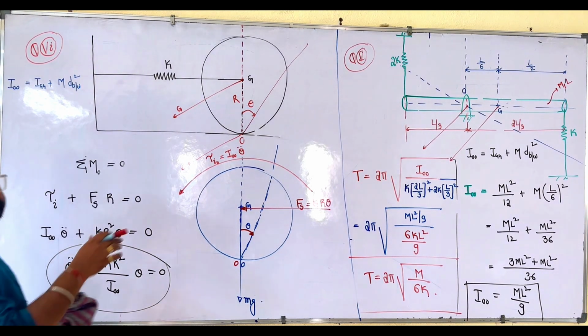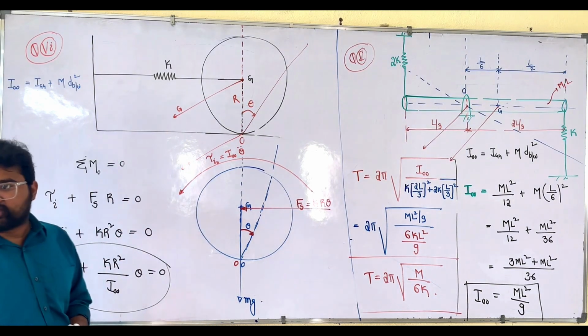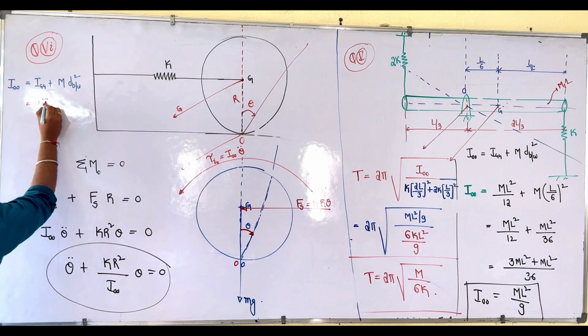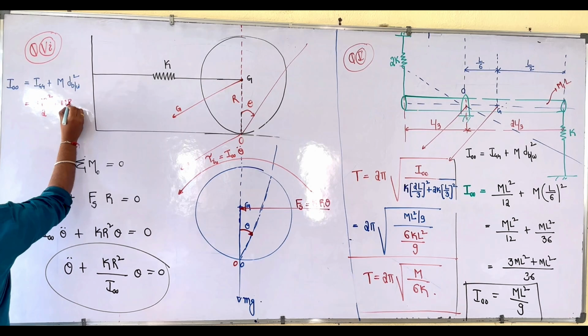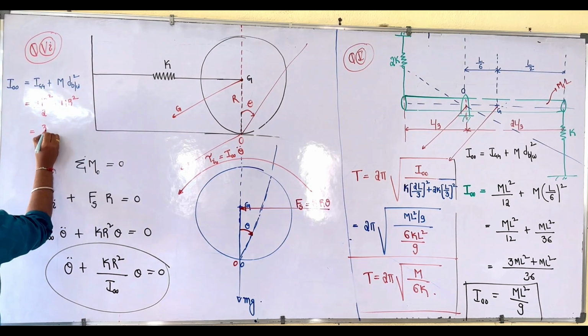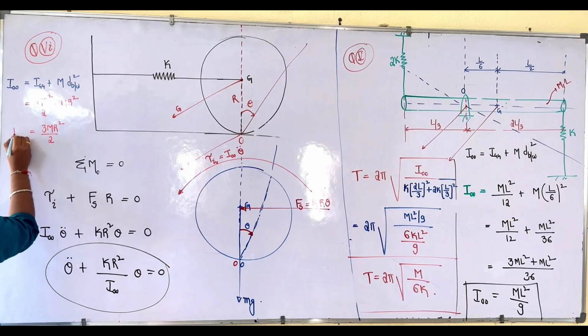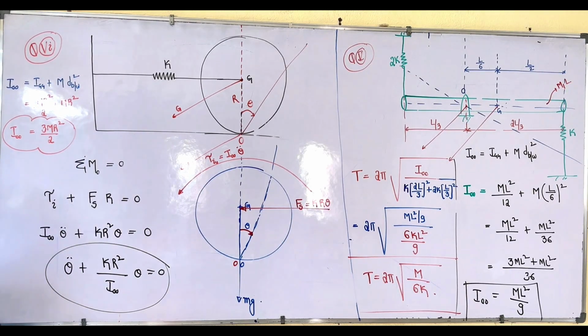The mass moment of inertia of the disk about the Z axis is mr square by 2, plus m into distance squared, which gives 3 mr square by 2. So I O O is 3 mr square by 2.